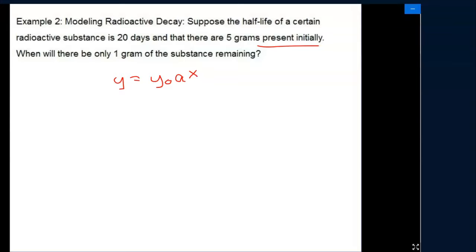So which of these parts would kind of represent what's there at the very beginning? Go ahead, Brooke. Yeah, the y naught, right? That y naught's going to represent what's there at the very beginning. So what's there at the very beginning? Well, what? Yeah, the 5 grams.